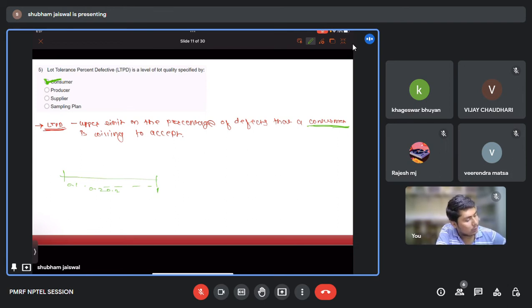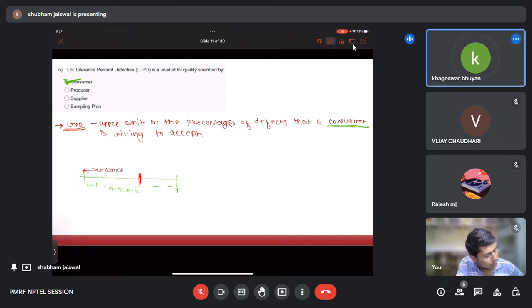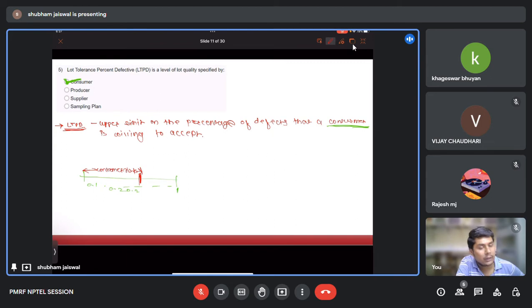If the customer is saying that up to this limit he can accept, that is our consumer risk, and after this point it will be the producer risk. So consumer risk plus producer risk, that is alpha plus beta, equals 1. So this is all about the lot percent defective.